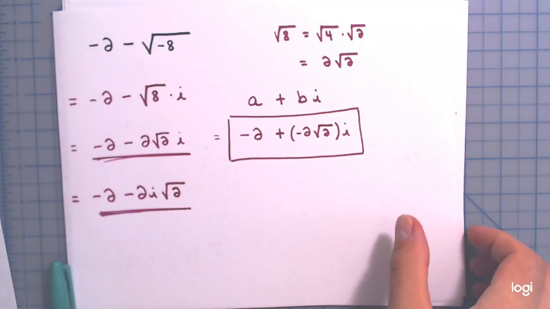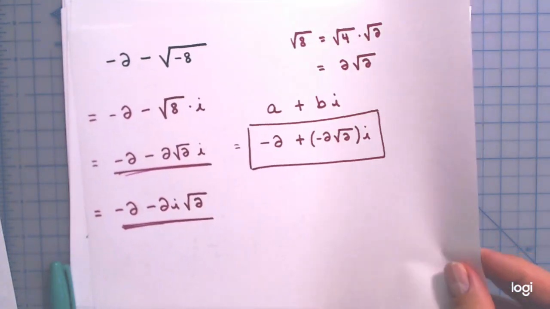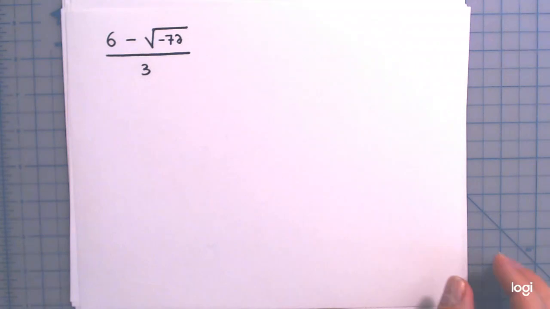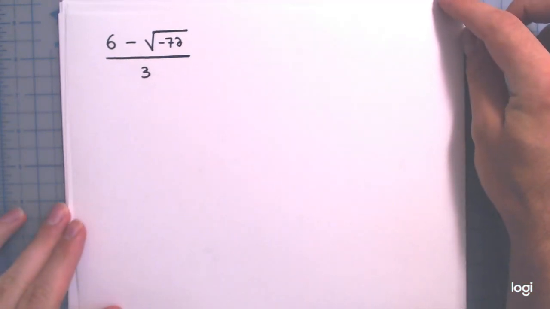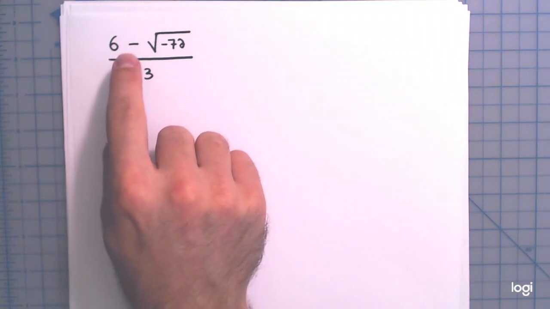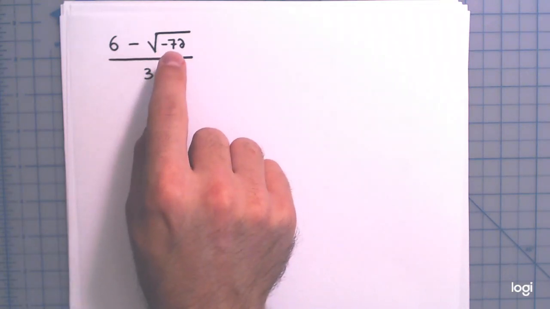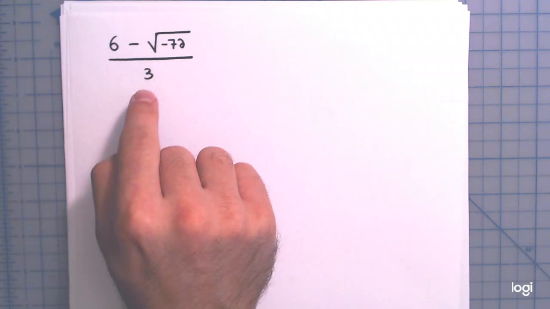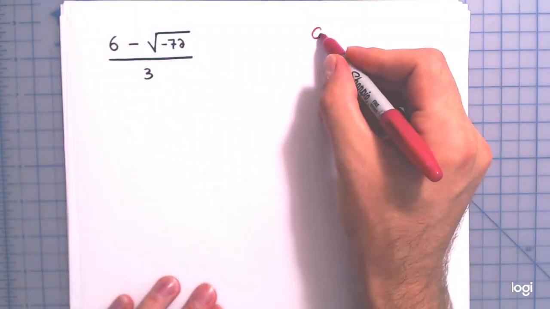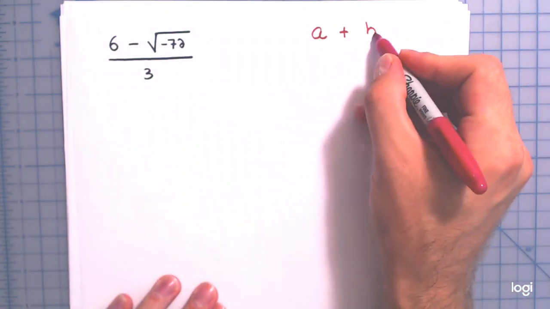And then I have just one last example where we have a fraction. Again I'm asked to take this fraction, where the numerator is 6 minus the square root of -72, and the denominator is 3, and rewrite this as a plus bi, a real number plus some pure imaginary number.